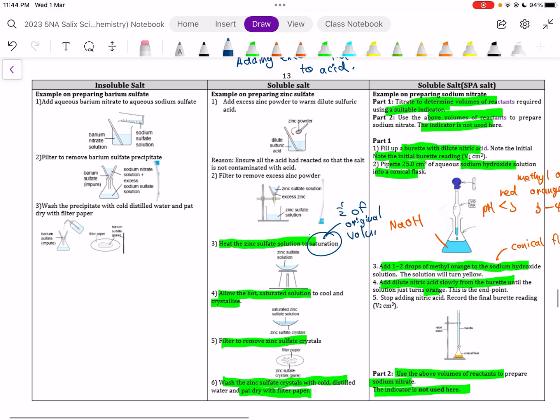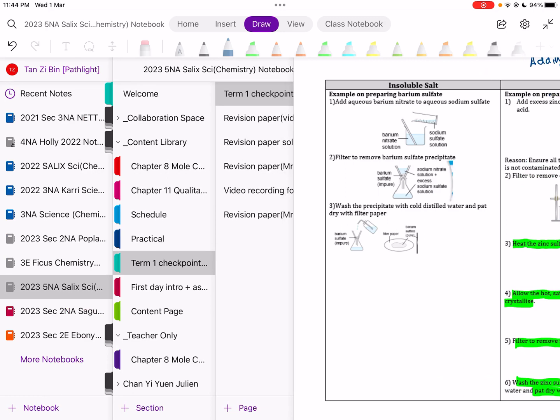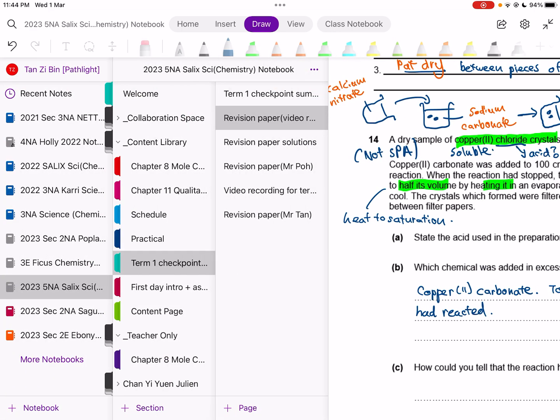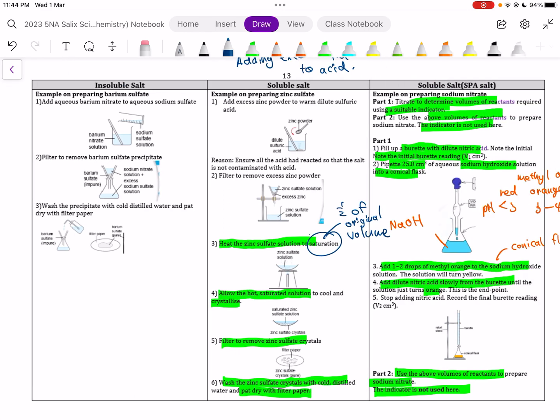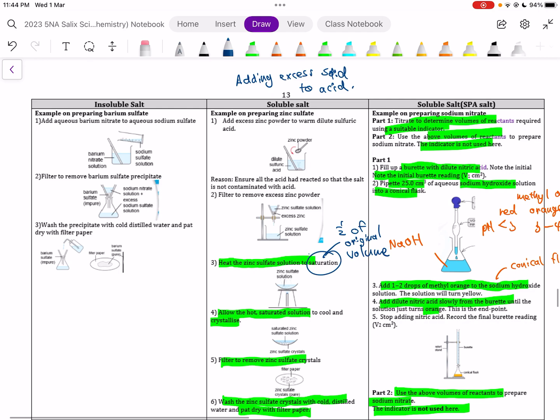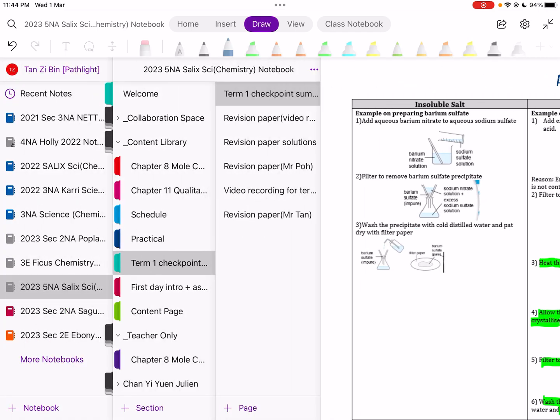Look at the steps on page 13 of your summary notes. Then the remaining solution was allowed to cool, crystals were formed, filtered off, washed with cold distilled water, and so on. You can match all these steps with those on page 13, so you should see that this method belongs to adding excess solid to acid.